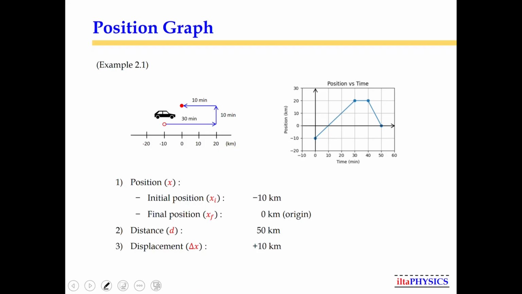First, let's look at the position information. From the graph, we can see that the object's initial position was 10 kilometers to the left of the origin, or minus 10 kilometers. And from the graph, the final position at the end of the motion is at the origin. The total distance traveled is 30 kilometers plus 20 kilometers, which is 50 kilometers.